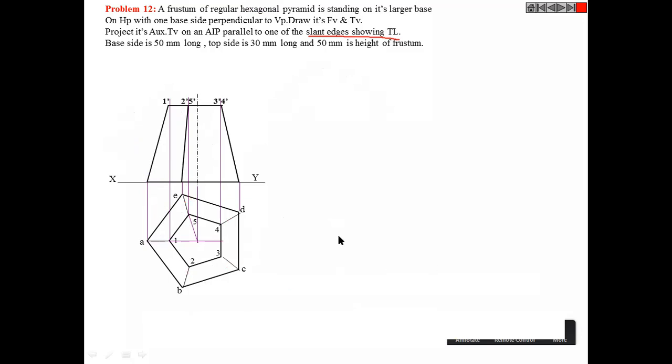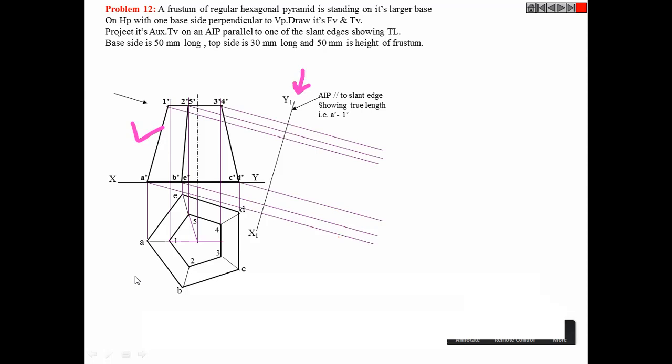Okay, so let us see. What we did is draw one line parallel to this slant line, as told. This is the line we selected, and we drew one line parallel to it because that is how we draw the auxiliary plane. So this is the auxiliary inclined plane parallel to the slant edge.